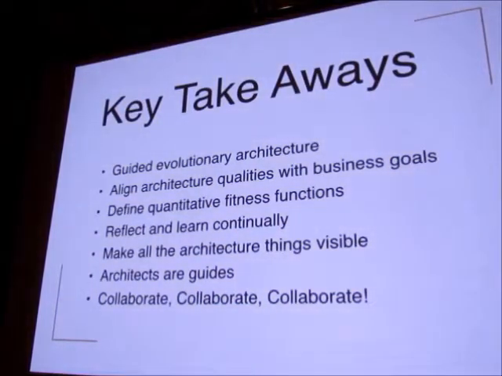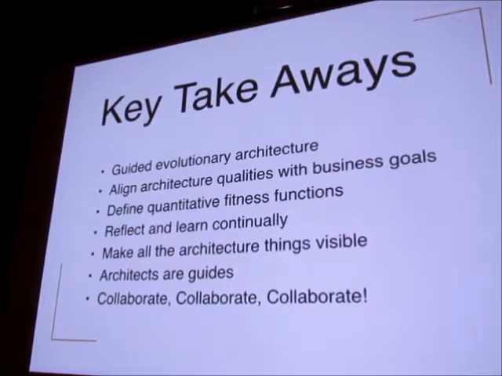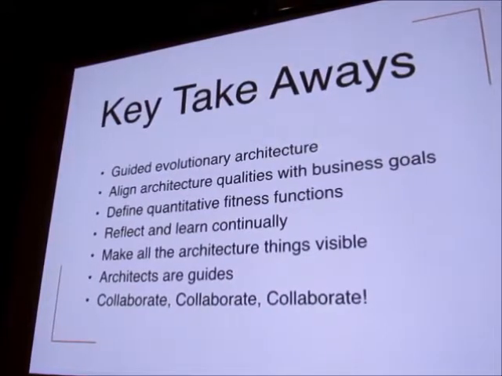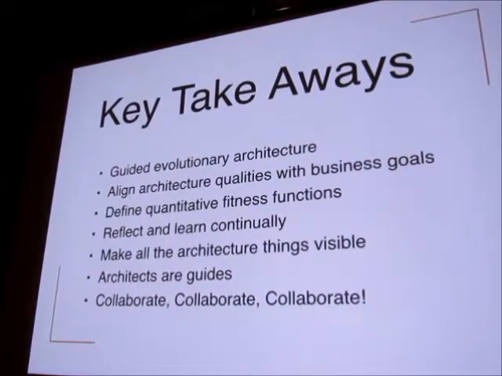There are a few key takeaways I hope I leave you with. First, use these landing zones and fitness functions to guide your architecture and help people break it down into what we can do today to meet the minimum and how we can measure it and guide it, rather than saying, here's the ultimate architecture that we have to build.